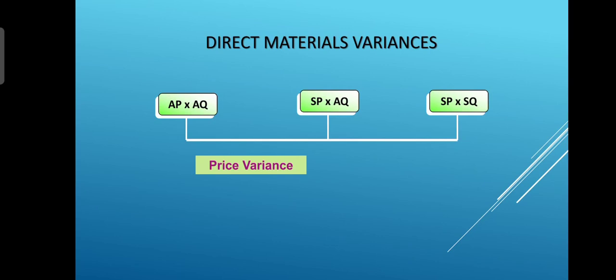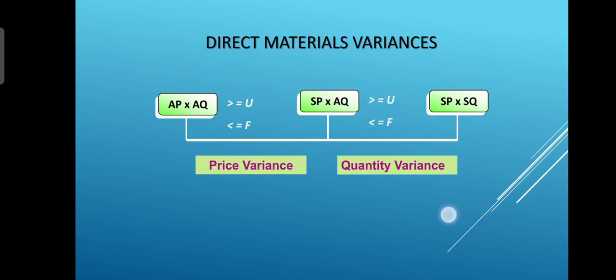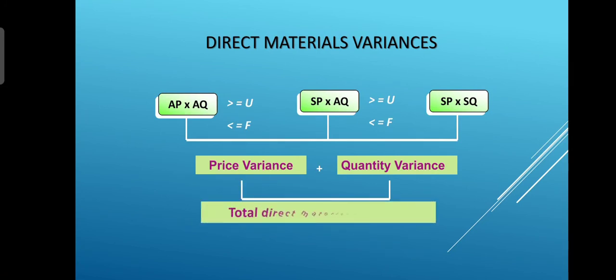SP times AQ minus SP times SQ is quantity variance. Price variance plus quantity variance is, of course, total direct materials variance.